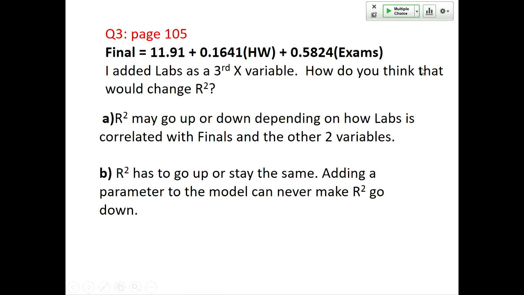So the first says, decide which one. R squared may go up or down depending on how labs is correlated with finals and the other two variables. Or, R squared has to go up or stay the same. Adding a parameter to the model can never make R squared go down. So think about it. If you add another predictor, could it make your predictions worse?